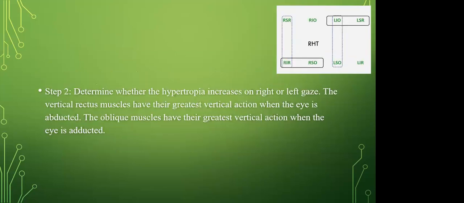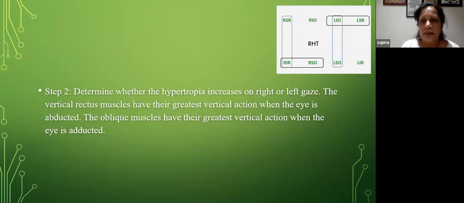The step 2 is you see in the lateral gaze, in the right gaze or the left gaze. So the easy way, if you cannot remember which muscle moves how, which is very difficult: if it is in the right gaze, you mark on the right side. If it is on the left gaze, you mark on the left side. You make this column and then mark on the right side and the left side.